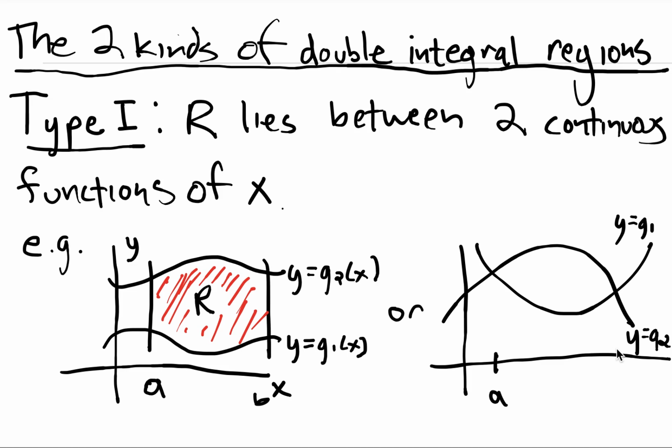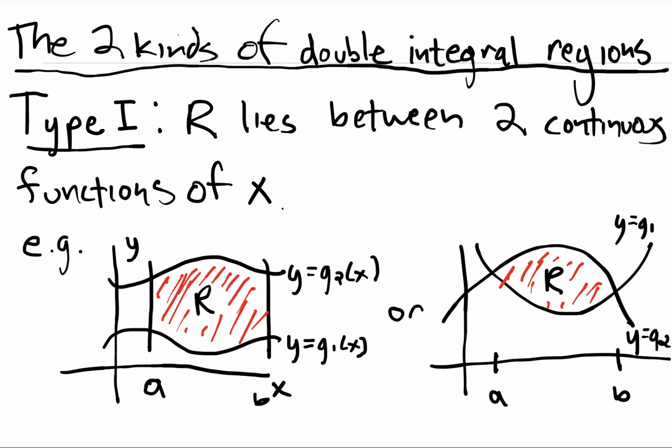If I need to specify x values for my region, I can still specify an A and a B down here. And again, I have some sort of general region that is no longer a rectangle. So I can't just use an A and a B and a C and a D to describe my bounds. Since I've got these functions of x, these curves, serving as boundaries for my region, these both count as type 1.